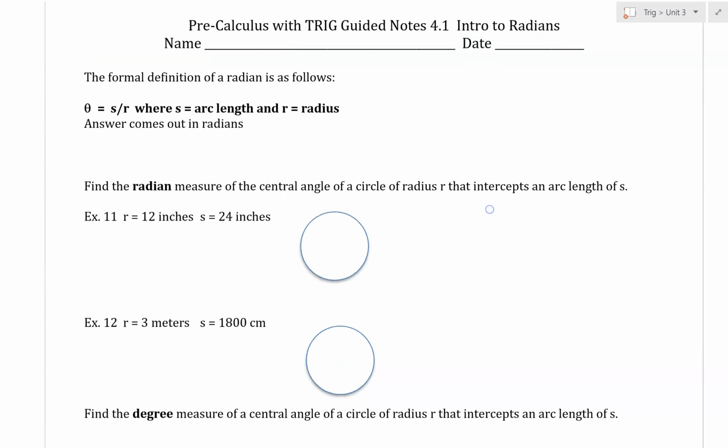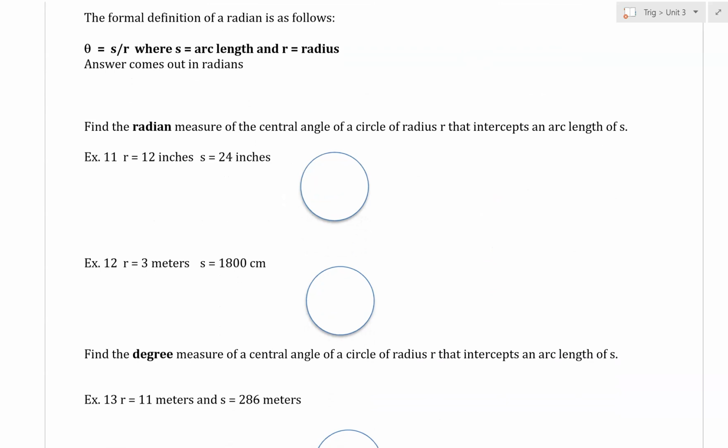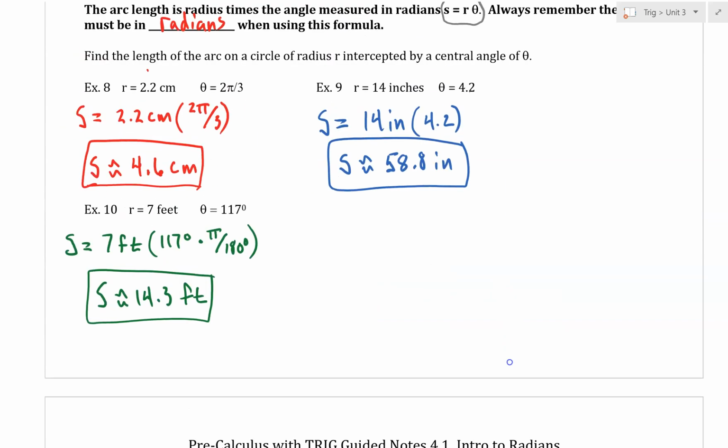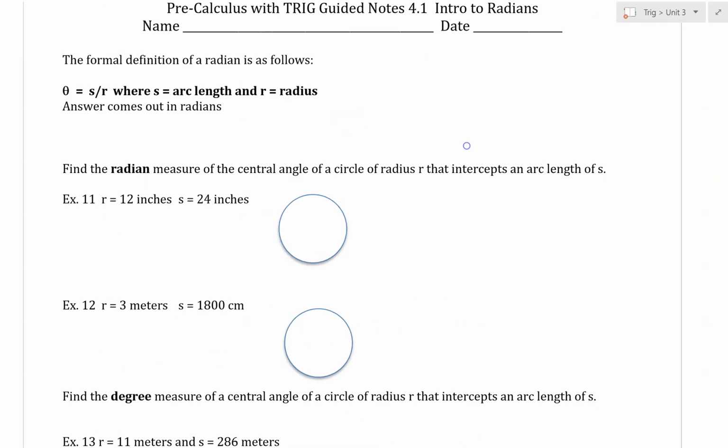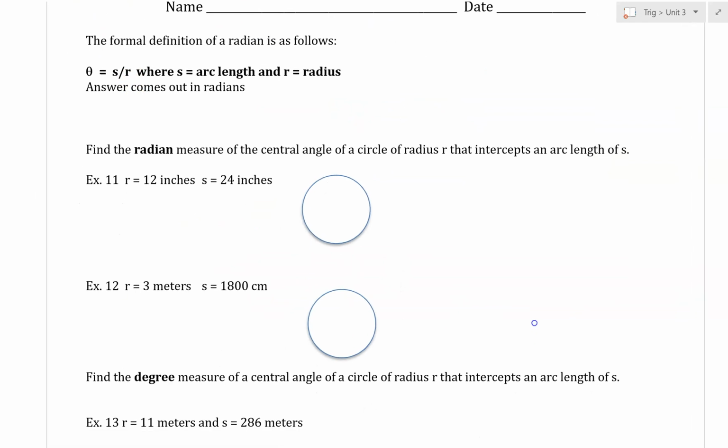Moving on to this next part. The formal definition of a radian is as follows. The angle measure, which would be radian measure, is equal to the arc length divided by the radius.